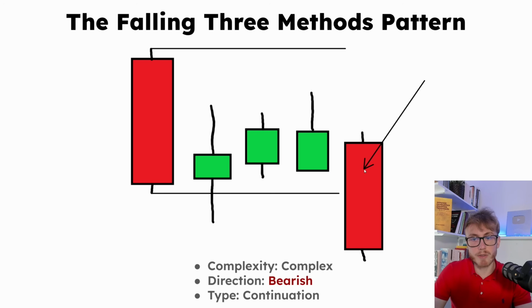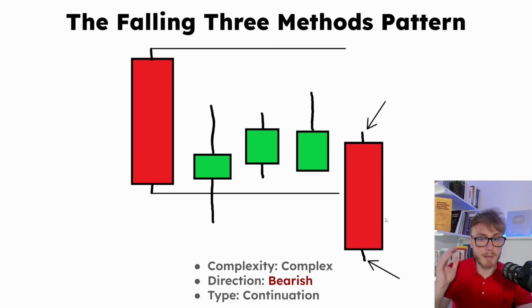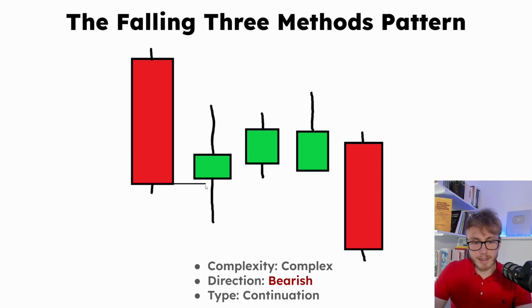The final candle of the pattern is yet another strong bearish one. Once again, we can have wicks on this candle, but the most important part is that the 5th candle closes below the close of the first candle. So the close of the first candle is right here, and we want the last candle to at least close below this point.